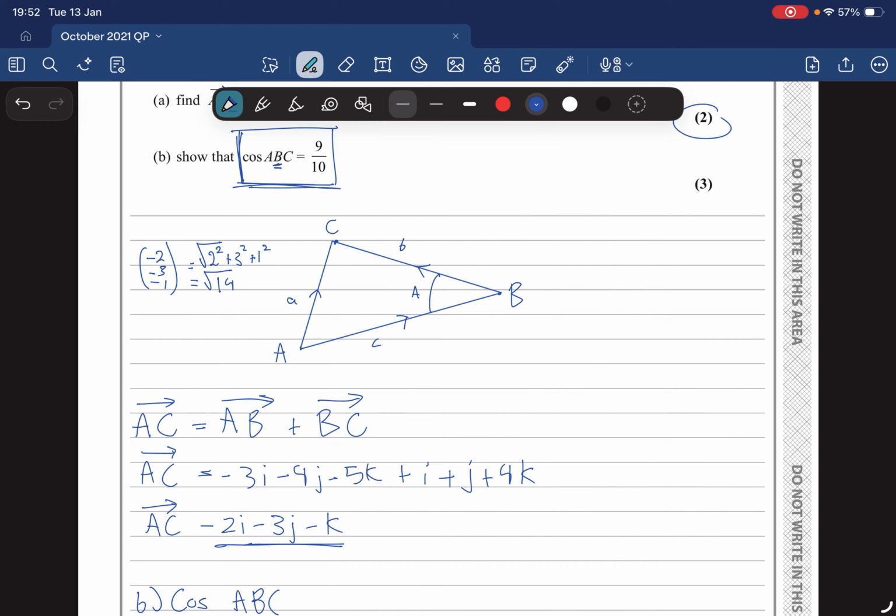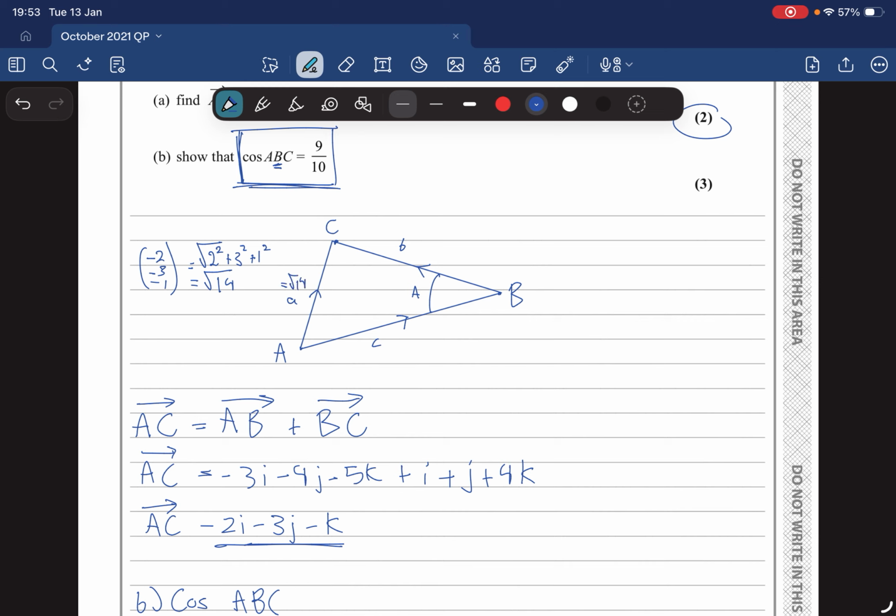Is that root 14 or root 18? Hold on, let me check on the calculator. 2 squared plus 3 squared plus 1. Yep, root 14. Great, so a is root 14.